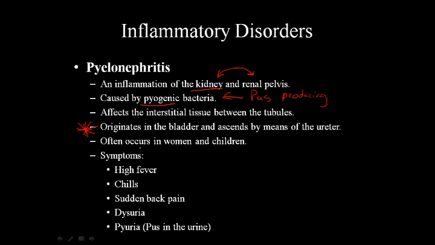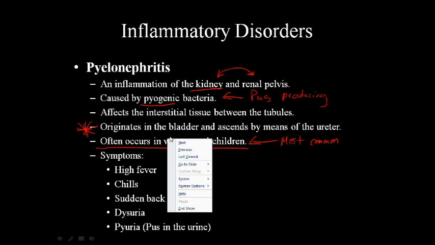But we also see that it often occurs in women and children. And by often we mean that usually it's most common in both of these. That's not to say that it cannot occur in men, but that it's less likely to occur. And that's simply because of what we've already discussed. Women have short urethras, which means that it allows bacteria to get into the bladder very rapidly.